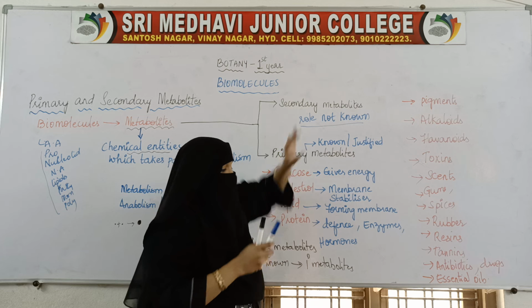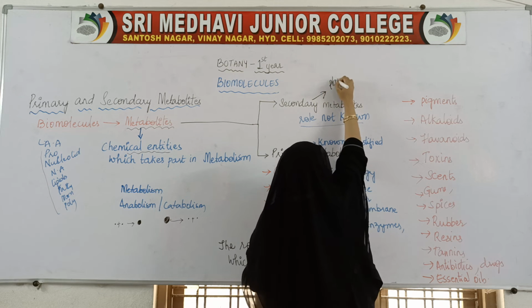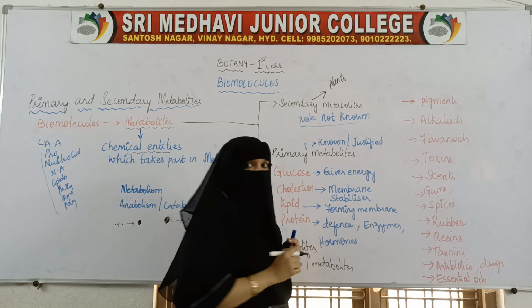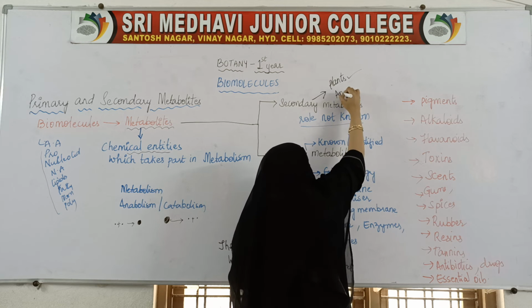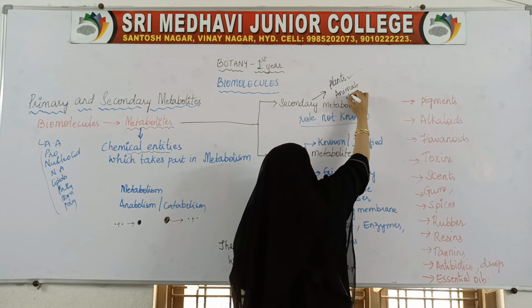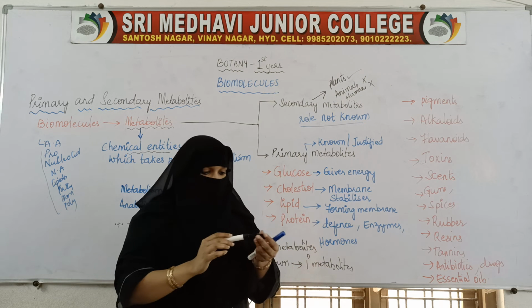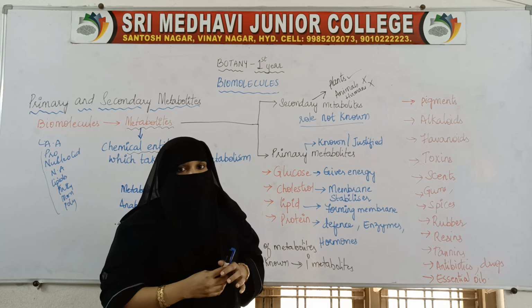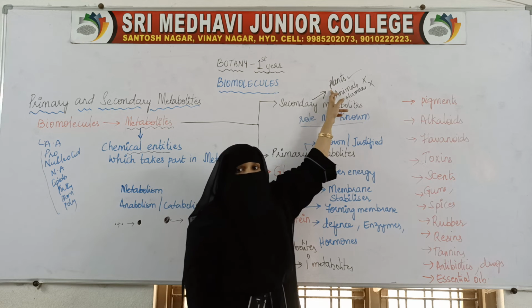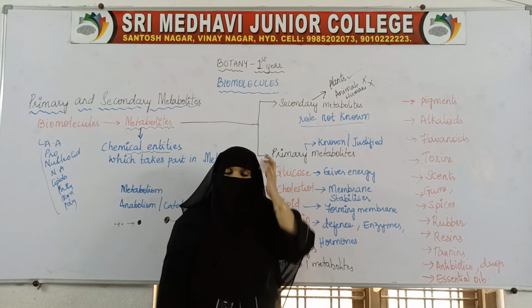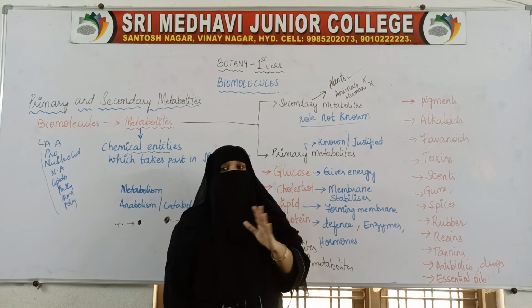The secondary metabolites will be present in the bodies of plants, but they will not be present in animals and humans. These secondary metabolites are present only in plants and some fungus. Some fungi also produce certain things, but the role of them is not known.